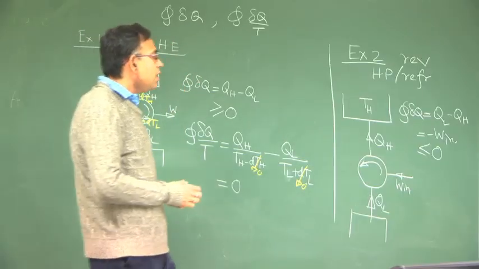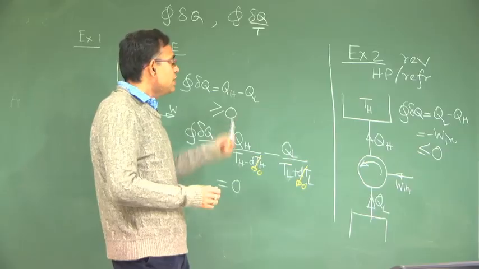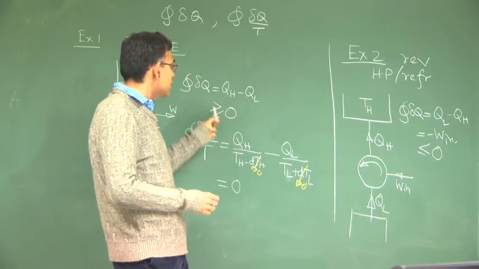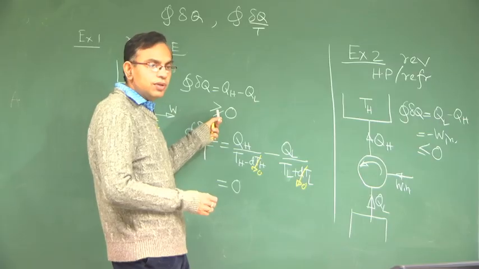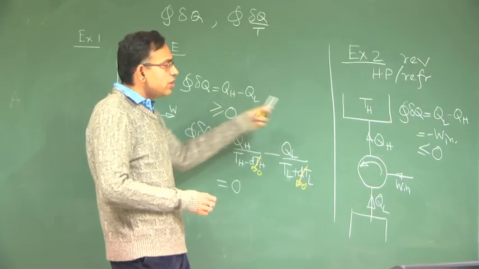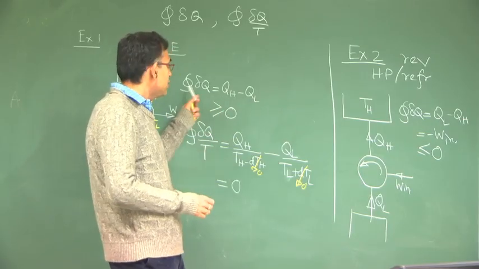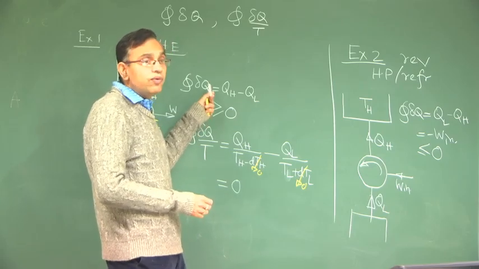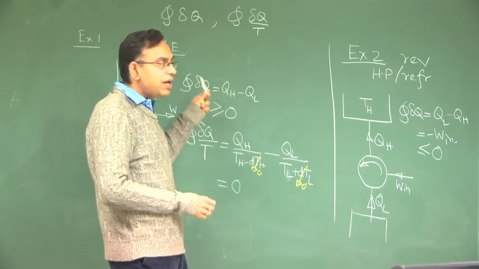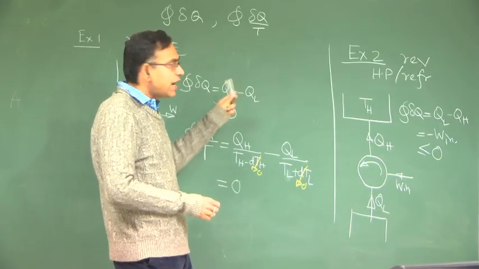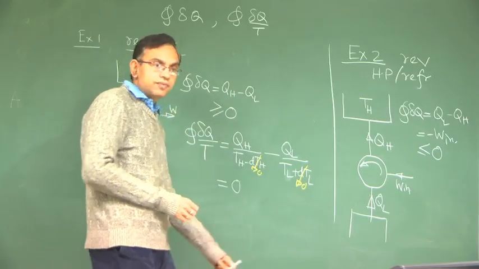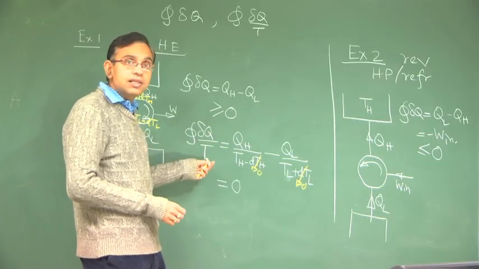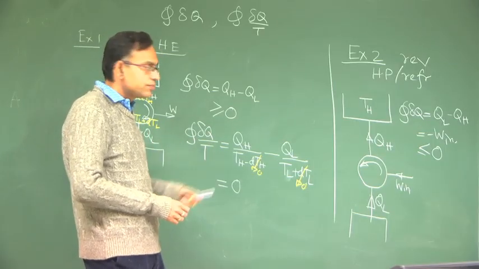You can see that when we changed from heat engine to heat pump or refrigerator, this inequality changed from greater than or equal to 0 to less than or equal to 0. So, cyclic integral of del q is not a universal parameter that maintains the same inequality across different types of devices, but whether cyclic integral of del q by T maintains it or not, let us check.